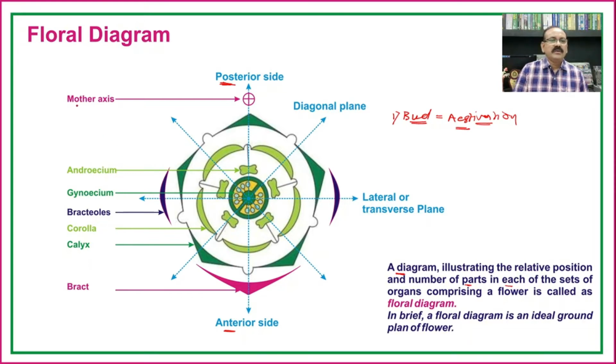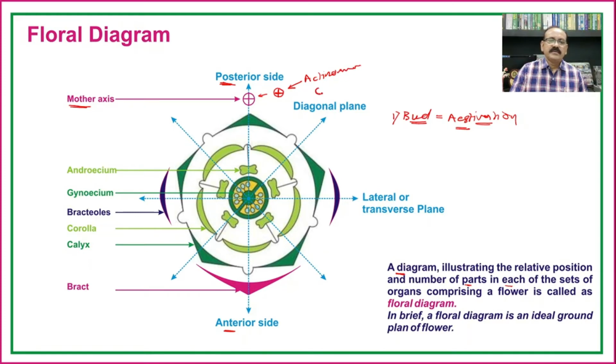First of all, we have to draw the mother axis on which the flower is developed, and it can be drawn in the form of a circle with one horizontal line and one vertical line, that is, a plus type of sign, for an actinomorphic flower.